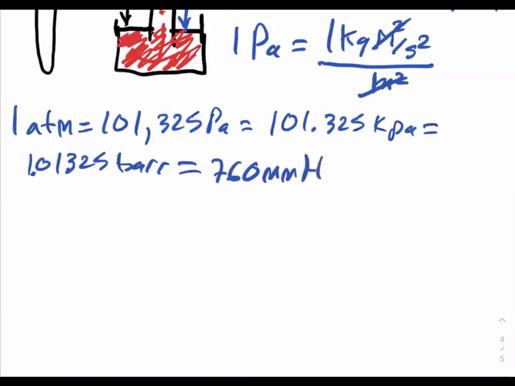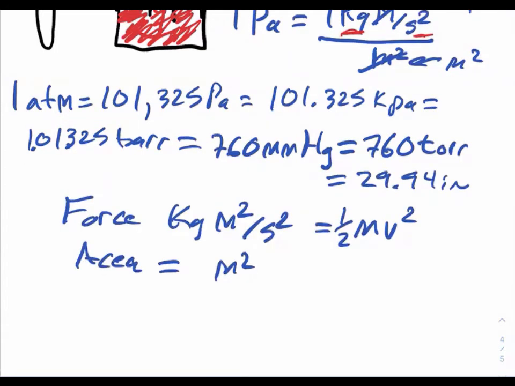By the way, 760 millimeters of mercury has also been named after a scientist. So that unit can also be called torr. They usually do lowercase, or torricelli.